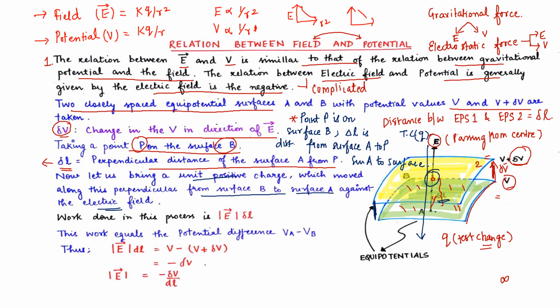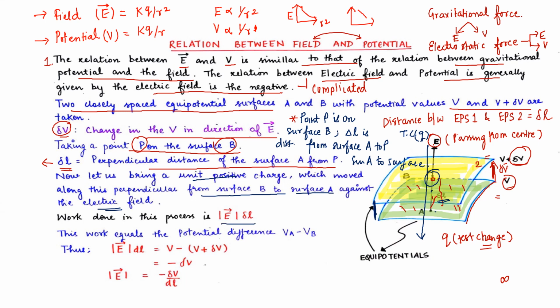This test charge has a direction opposite to that of the electric field. Now the concept of negative electric field or negative potential comes into the game. So see, work done in this process is E delta L.